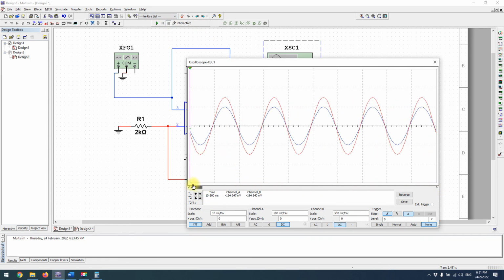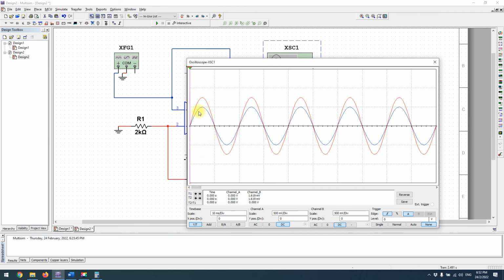So there you go. You see, the blue is our input and the red is our output. Now just move this to here, to the next maximum. Now 0.5, so over here, see T2, 499.245.